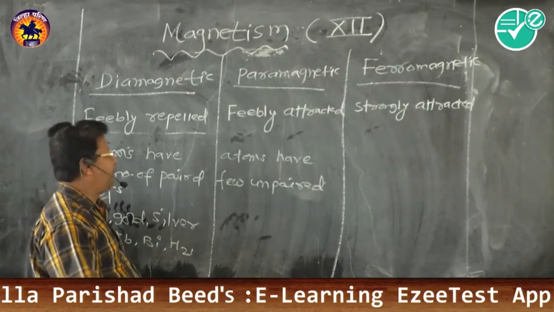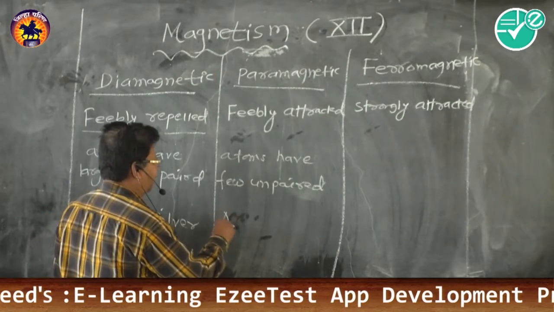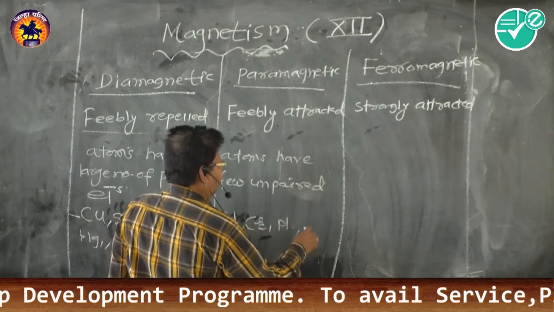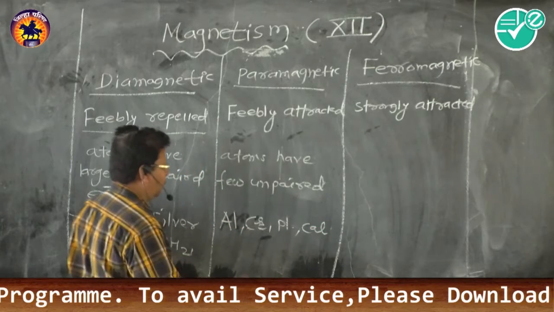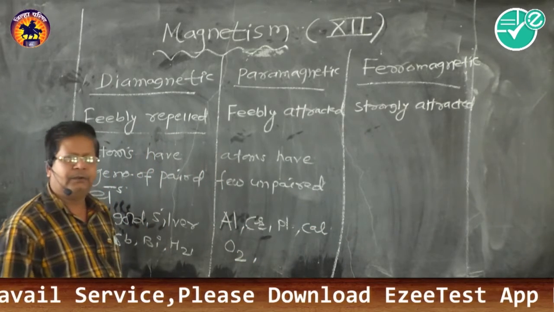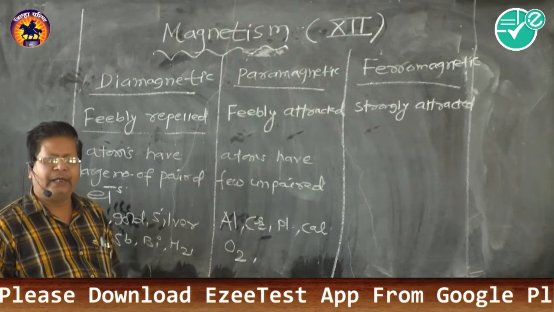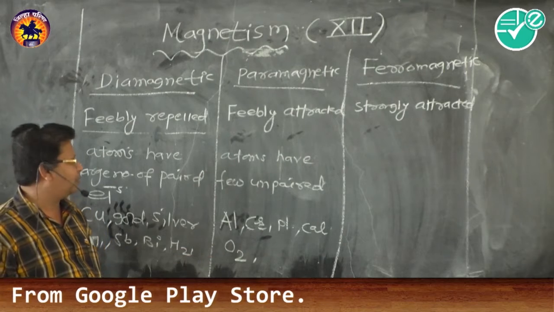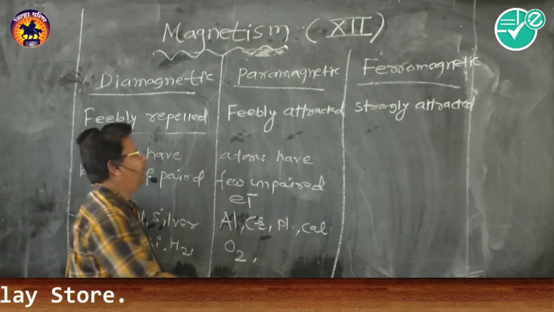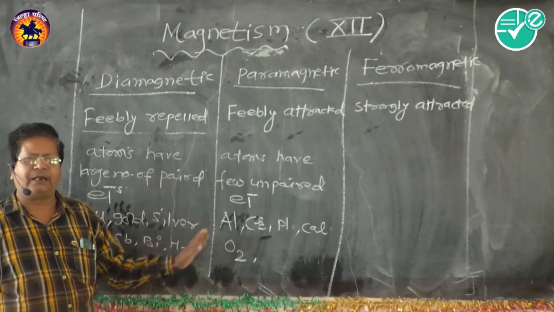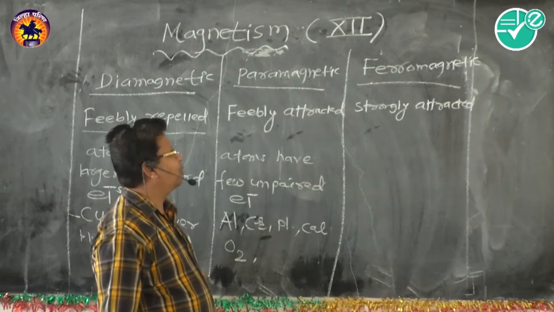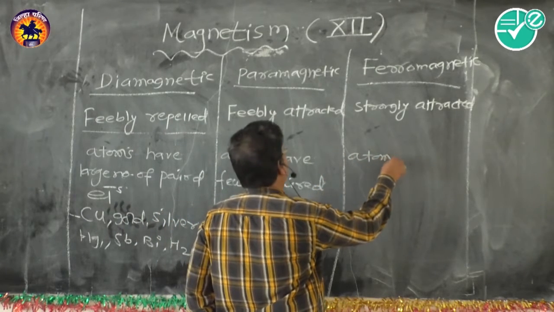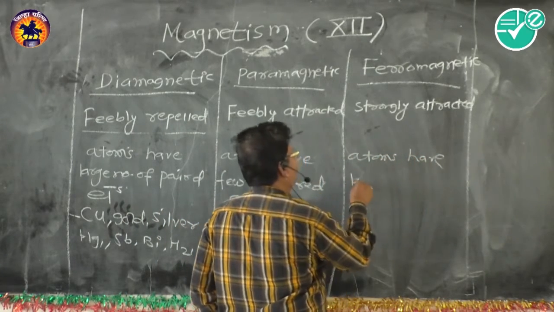The examples of these paramagnetic substances are aluminium, chromium, platinum, calcium, liquid oxygen, tungsten, etc. So the substances whose atoms have few unpaired electrons are called paramagnetic substances, and the examples are given.